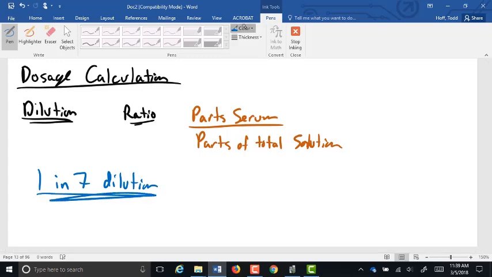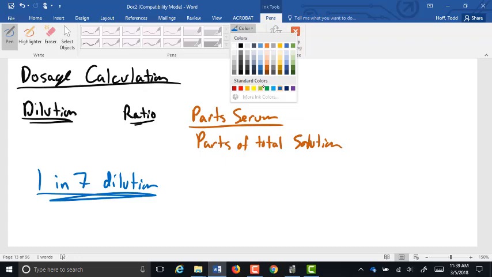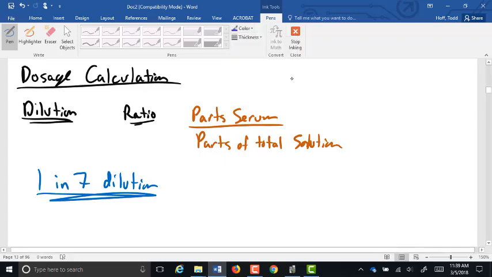what that means is for every 1 unit, for every 1 part of serum.